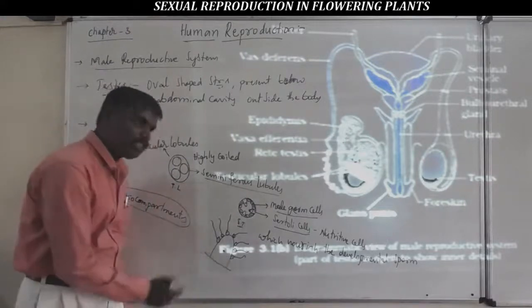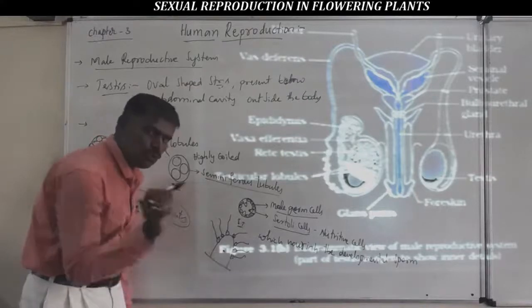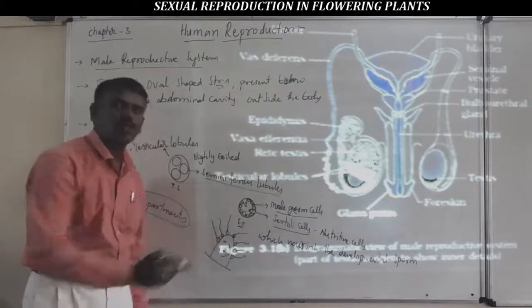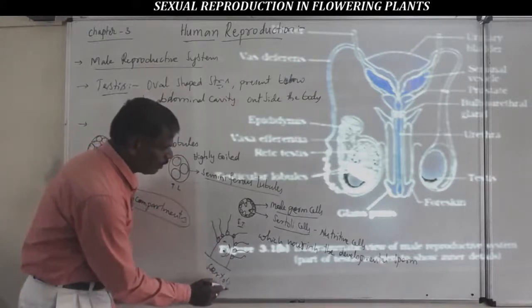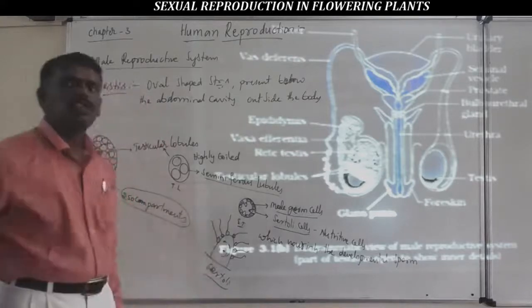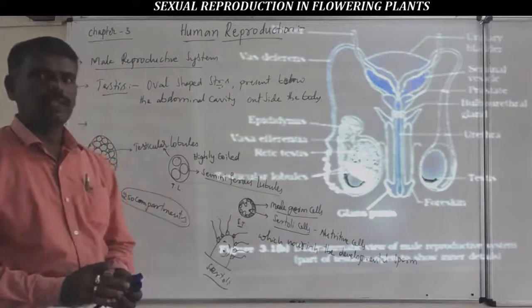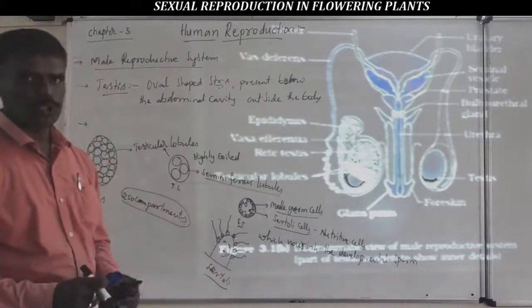Through this attachment, the immature human sperms gain food and nutrients from the Sertoli cells. So what do they need for the development of sperms?